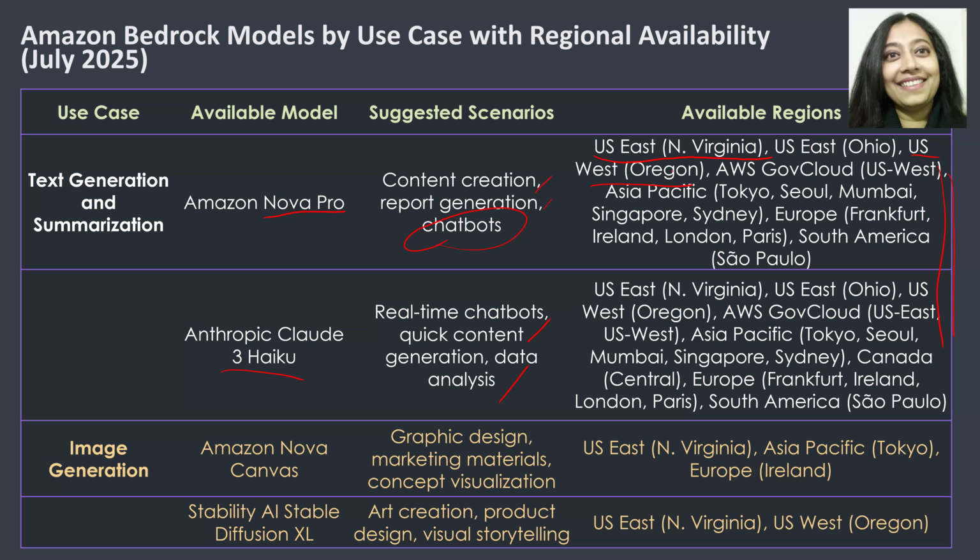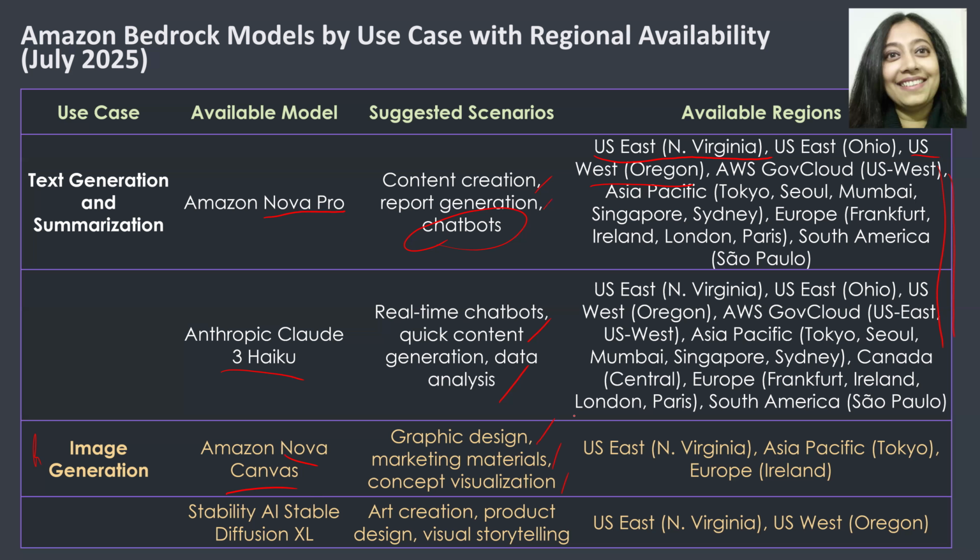The next use case that we have is image generation. There are two models again available for this particular use case: you can use Nova Canvas or Stable Diffusion XL. Nova Canvas is good for graphic designs. You could use it for any kind of marketing materials creation or concept visualization.